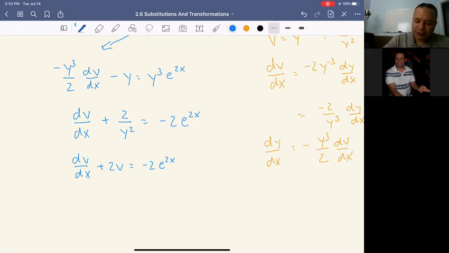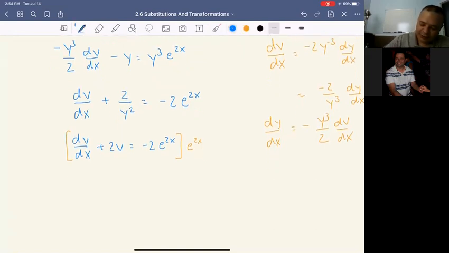So we're going to multiply on both sides by e to the 2x, which we got by taking the integral of that 2 and exponentiating. We get e to the 2x dv/dx plus e to the 2x times 2v equals negative 2 e to the 4x.